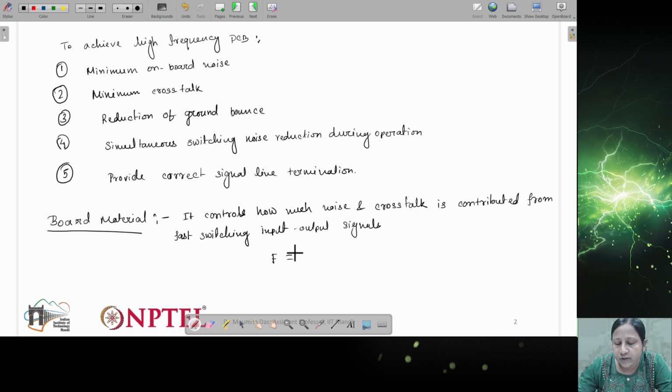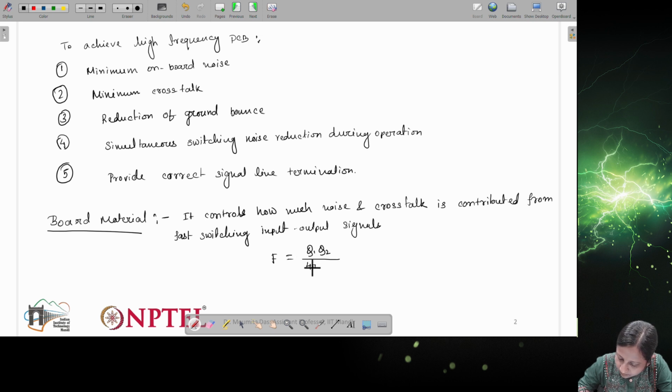This force we can define as the charges between two lines divided by the permittivity of the board material. Now this force will cause some noise to be present in the board. Depending upon the board material, this noise can be more or less.